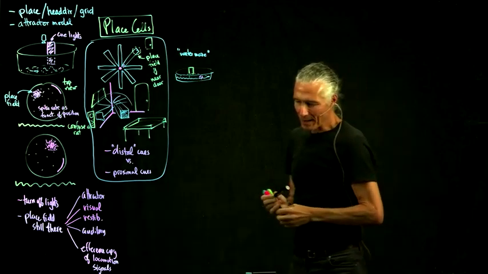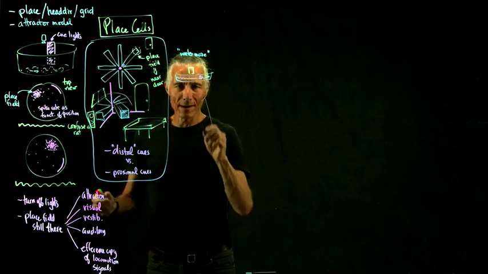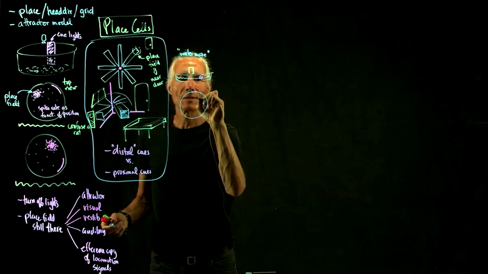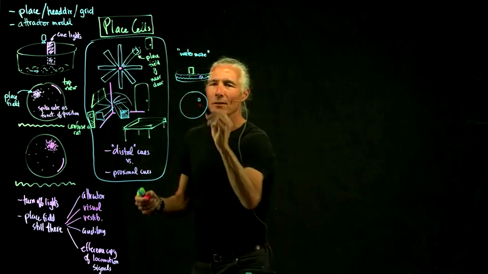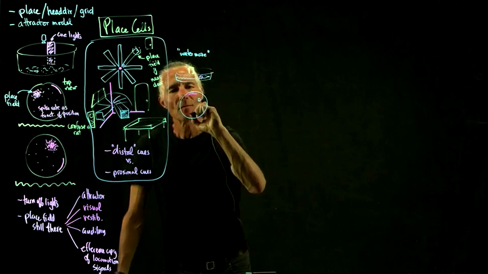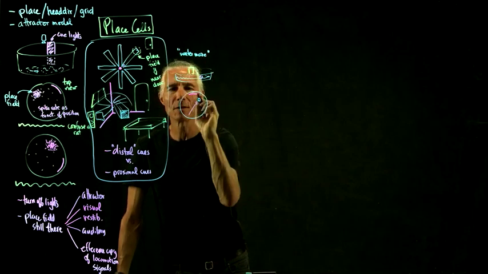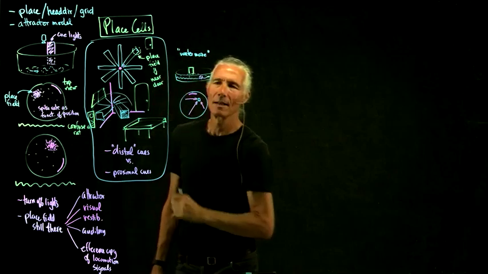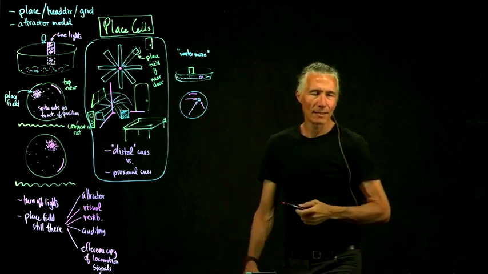Now, if you take the rat out and put him back in the water, so here we'll look at it from the top, and say the pedestal was right here and the cue card is right here. If you put the rat in here, it'll just swim to the pedestal because it knows where it is relative to the cue card. If you put it here, it'll just swim to the pedestal. If you put it here, it just knows where it is using the distal cues, in which case this was just like a cue card.